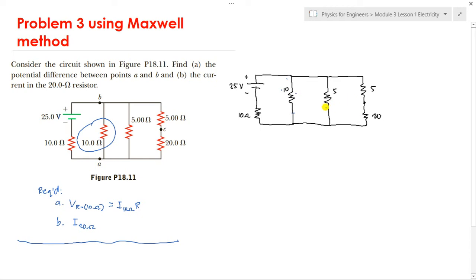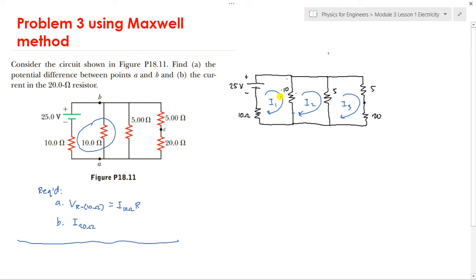So again, for Maxwell the sign rule is that you assume a current for every loop. Let's say this is my I1, this is the direction of my current for loop 2, and this is the direction for my current at loop 3. Here in Maxwell, we are going to neglect those signs we had earlier, and neglect them for the resistor.